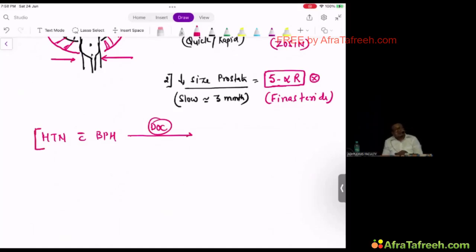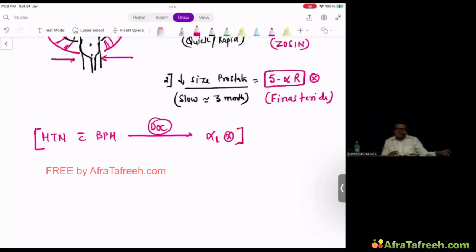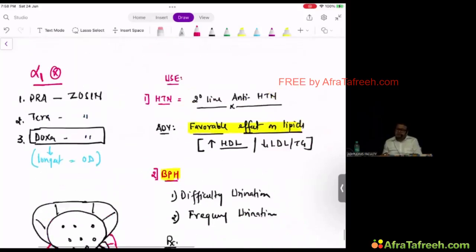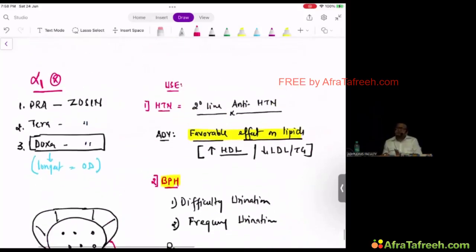Now alpha blockers, alpha 1 blockers to be more precise, become the drug of choice. So in hypertension, this kind of question is asked. We will come to that in hypertension. The uses are clear. Alpha 1 blocker Zosin. Okay, everyone?